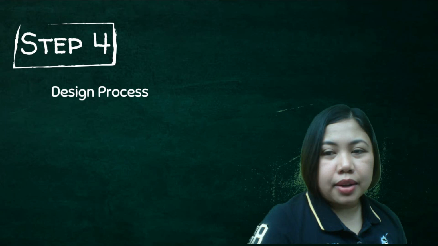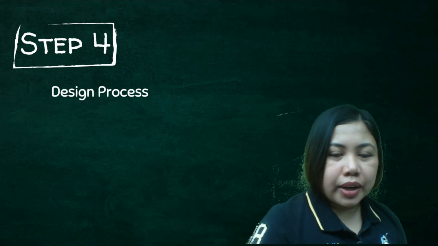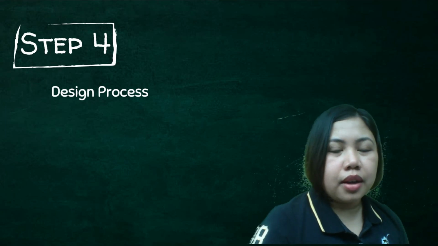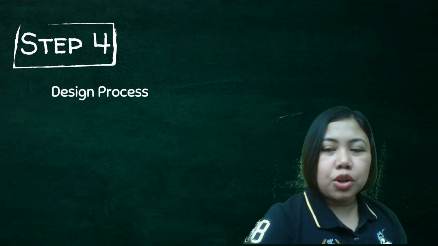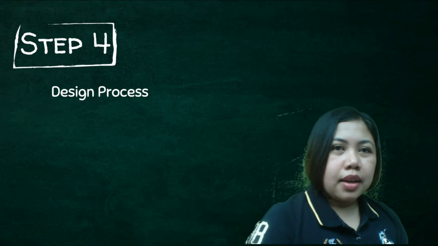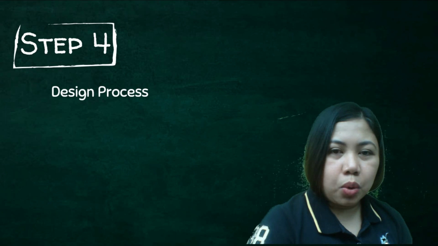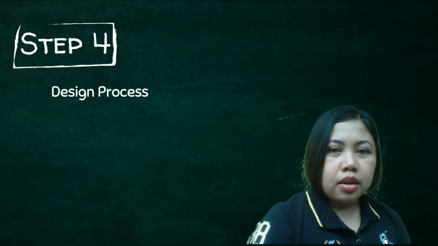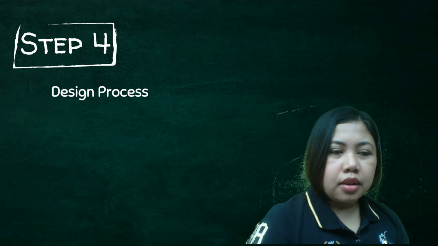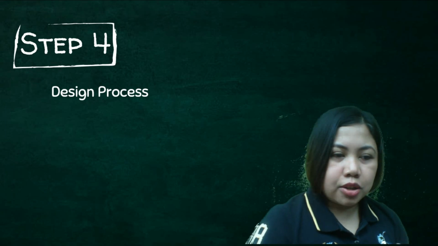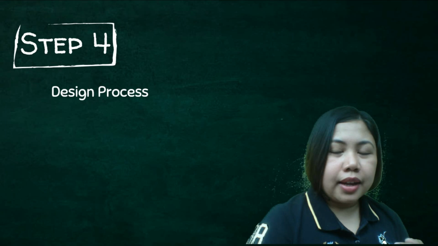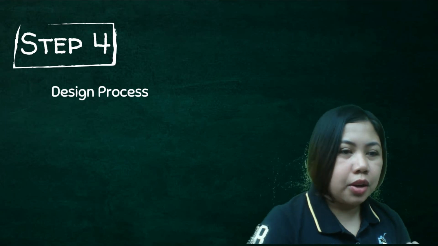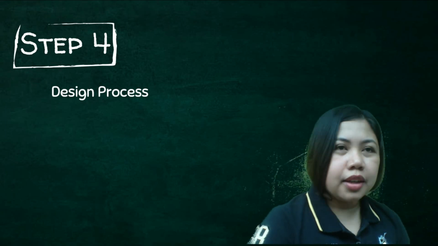The design process. So you are now familiar with the design requirements, the drawing requirements. You have taken note of the given. You are already familiar with the size of the lot, the location of the project.